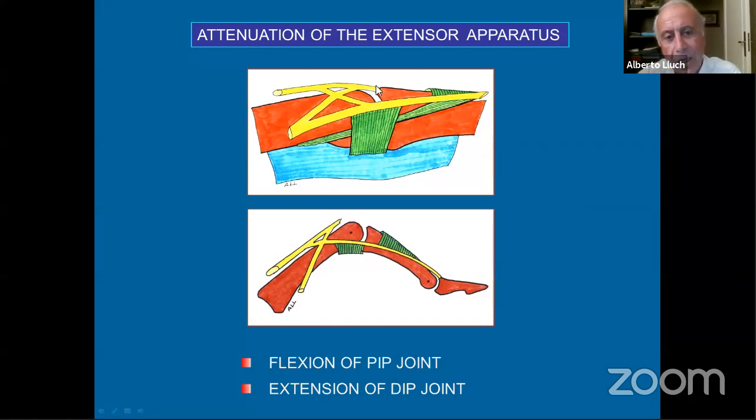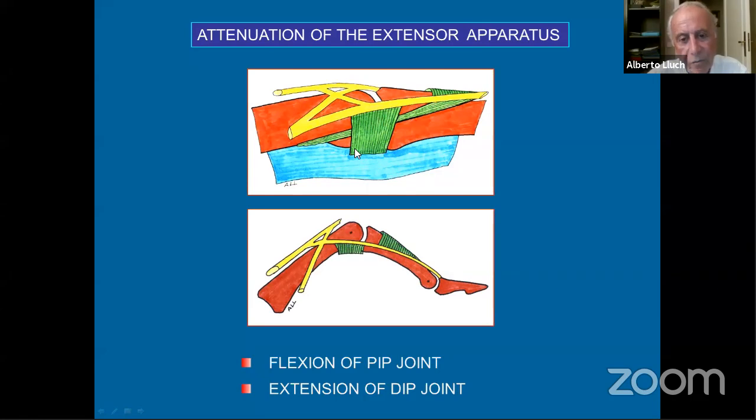But the extensor apparatus is not just the central slip and the lateral slip. It's this tissue that interconnects the central slip and the lateral band. Here we can see this structure, which is quite strong, holding the central slip and the lateral band together.